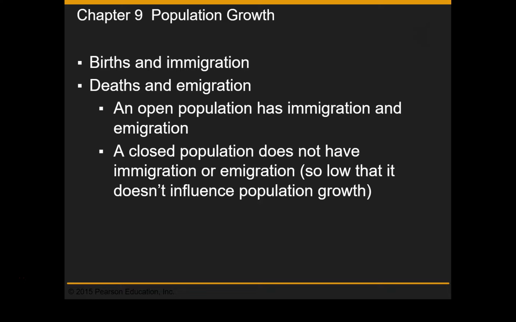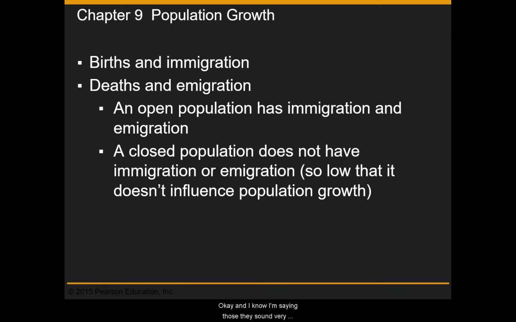So an open population has migrants either coming in or going out from it. Whereas a closed population, which tends to be a more idealized system, does not have any kind of migration, or it's at a level that's so low that it doesn't really influence population growth. So maybe you lose 5 organisms to emigration, but you get 5 back to immigration.